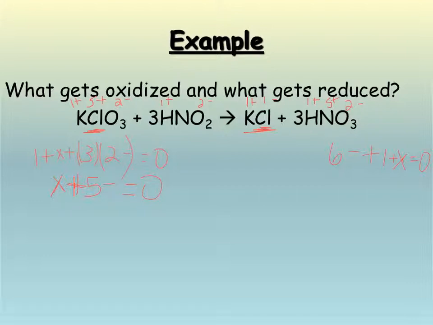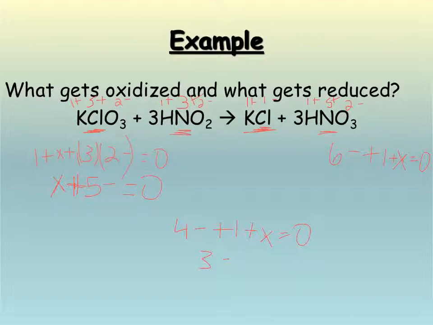And over here we have 4- and the 1, and still looking for the nitrogen. That gives us 3- on this side, so our nitrogen had to be 3+. So it's our nitrogens and our chlorines.